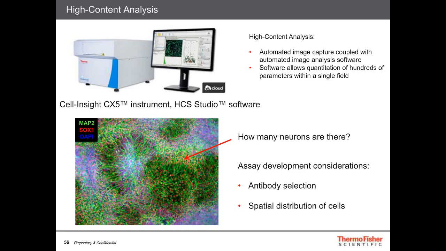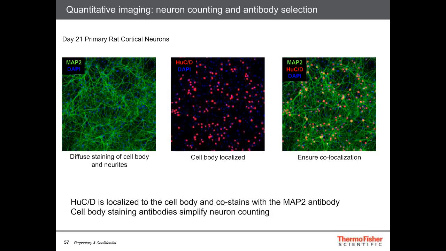Along these lines, antibody selection is very important. Localization of your antibody, specificity, and high signal to noise ratios are definitely things to consider. And as I previously described, the spatial distribution of the cells is also very important.